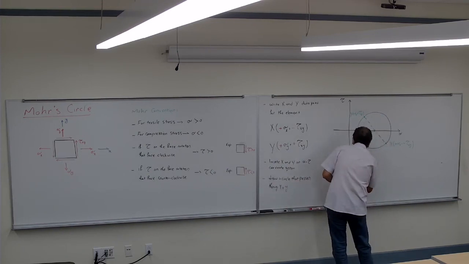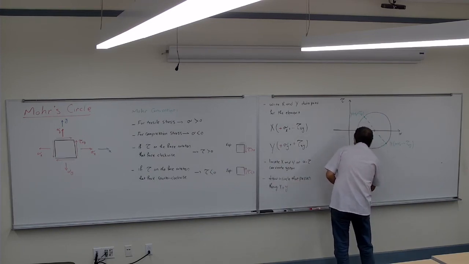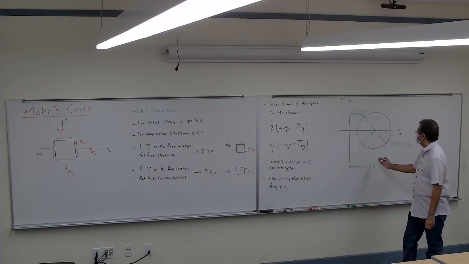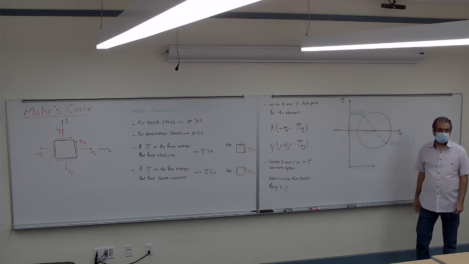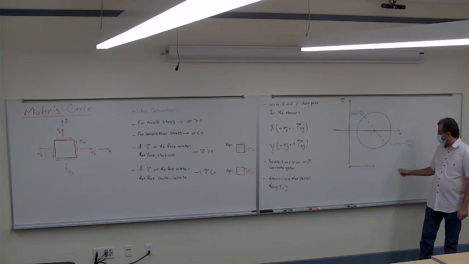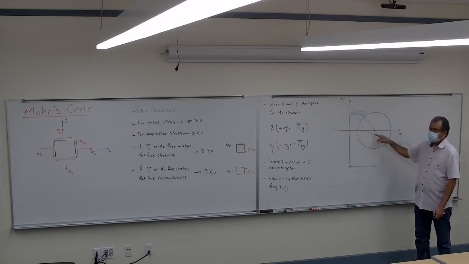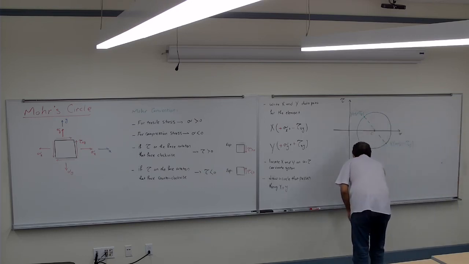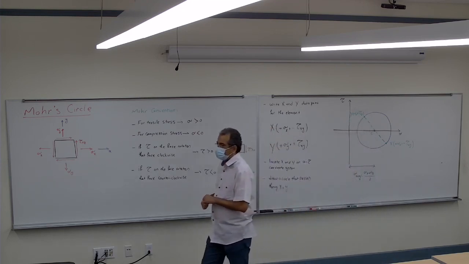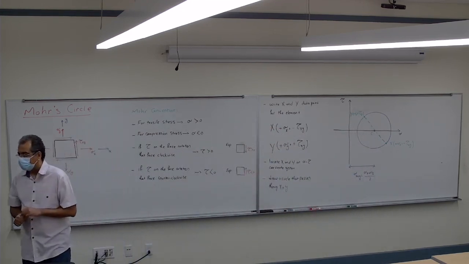The center is the average of sigma x and sigma y. So the sigma average would be sigma x plus sigma y divided by 2. That's where my center is located.